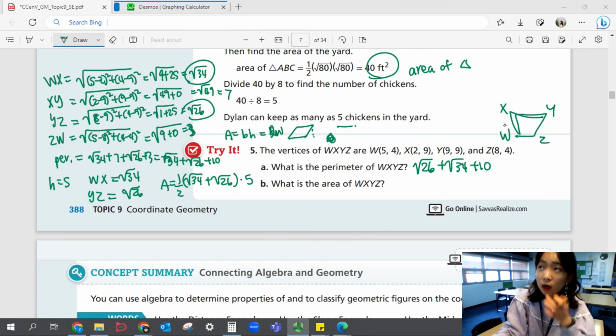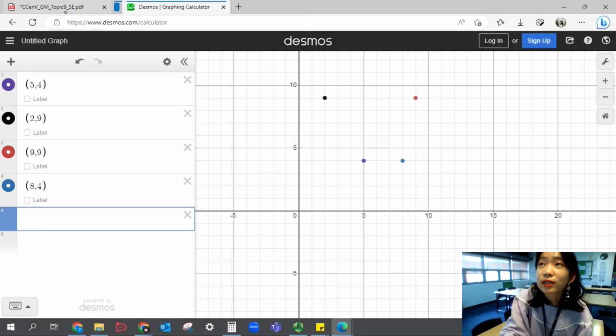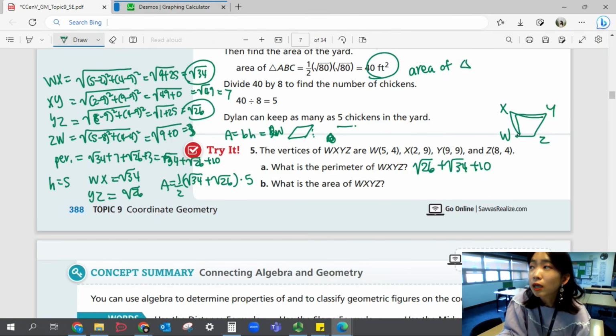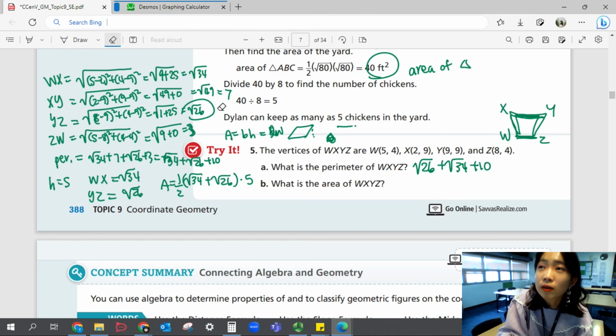Okay, I think I mixed up the coordinate points, so that is not W. The purple point is W, right? So that's W, X, Y, Z. So we want to figure out XY and WZ, which happen to be nice little whole numbers. So we don't need that. Let's erase that.